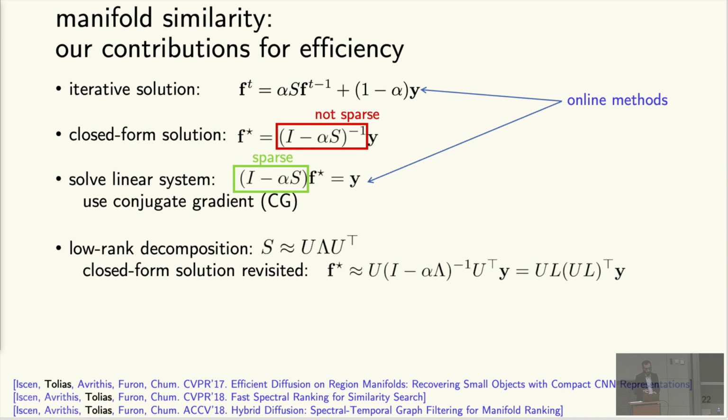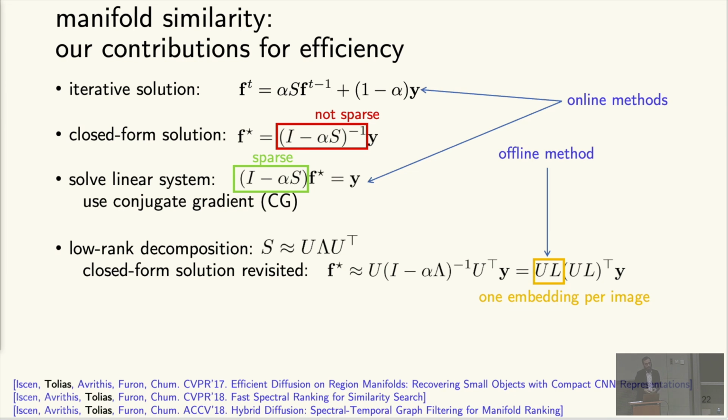Now we can obtain an approximation of this similarity measure with only vector-to-matrix multiplications during the query time. This is what we refer to as the offline approach, because the costly part for obtaining this manifold similarity is done during an offline stage, and it's common for all the queries. It can also be seen as storing one embedding per image.